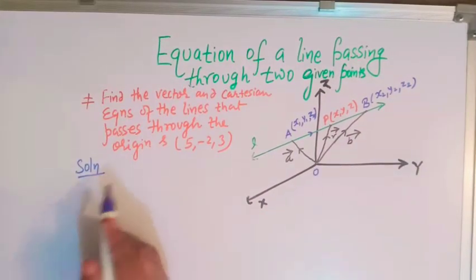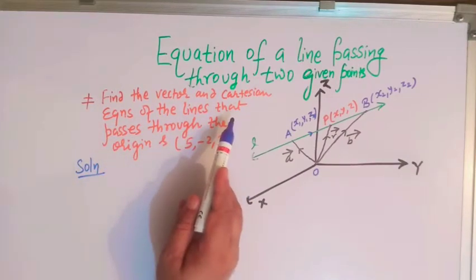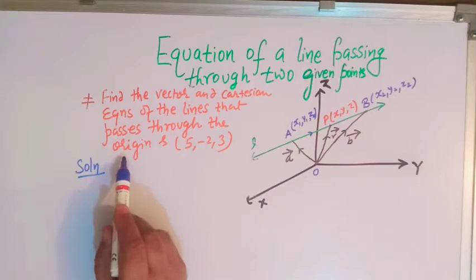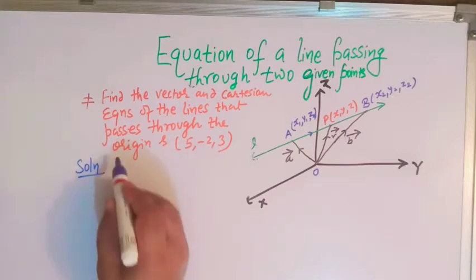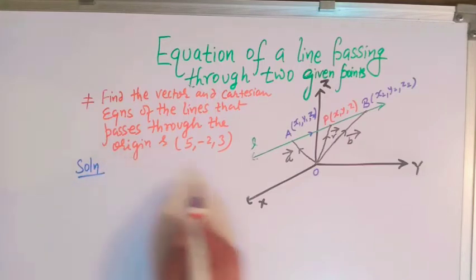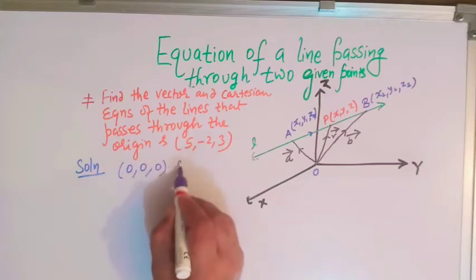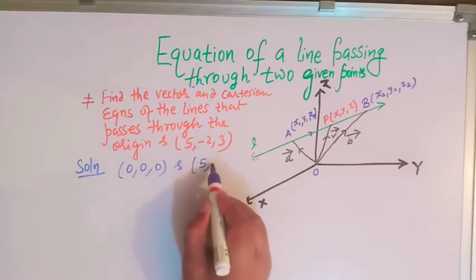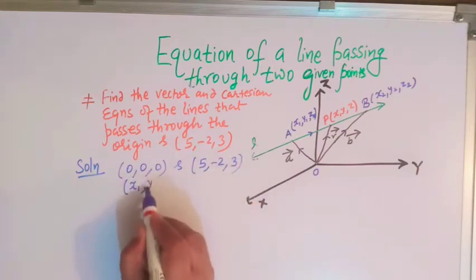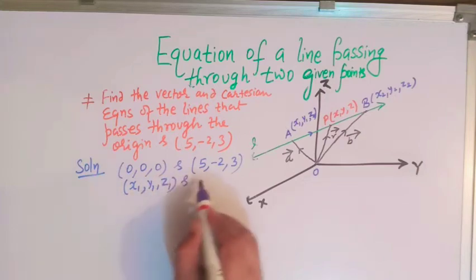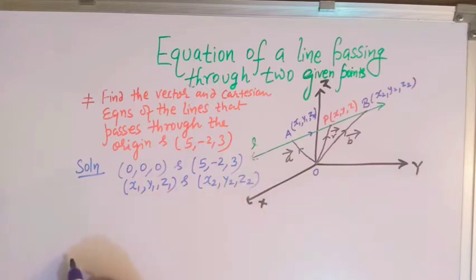Now viewers, let us take this problem. Find the vector and Cartesian equations of the line that passes through the origin and the point (5, minus 2, 3). So here the origin is the point (0, 0, 0), and the second point is (5, minus 2, 3). So this is point x1, y1, z1, and this is x2, y2, z2, right?